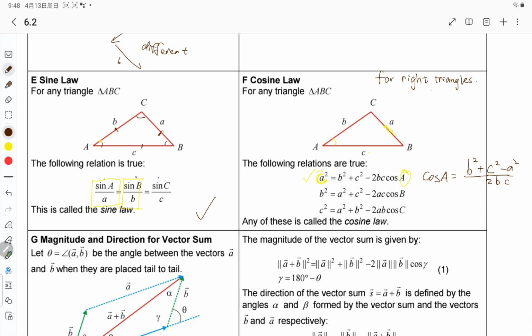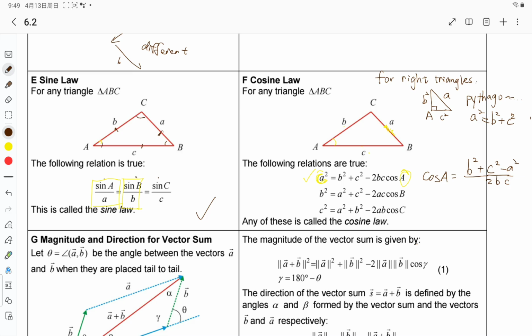So how to relate this? Last time we talked about the Pythagorean rule. If we have A equal to 90 degrees, and little a is the side opposite to angle A, then the Pythagorean rule is a squared is b squared plus c squared, right? Remember that we just talked about it in the last video.